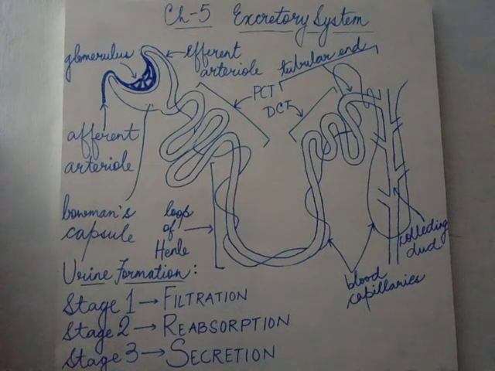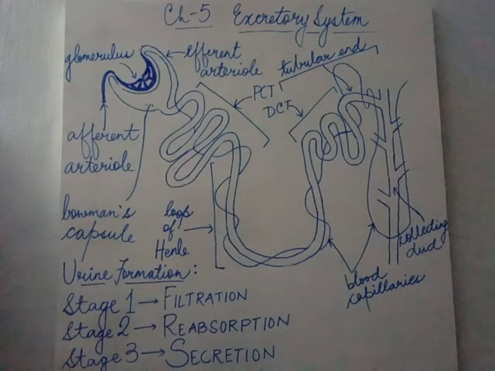So this purpose of formation of urine is very important, because if this nitrogenous or metabolic waste is not removed from our body, our blood will become toxic or poisonous.